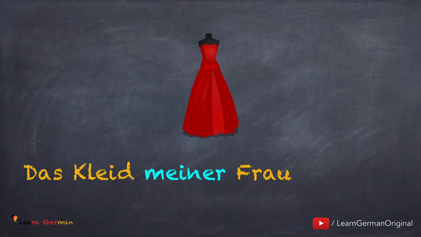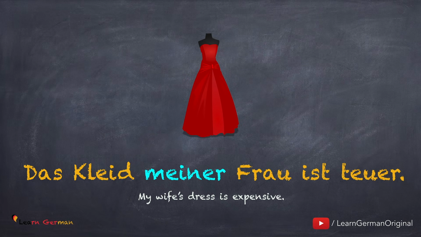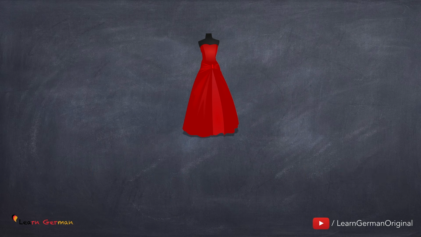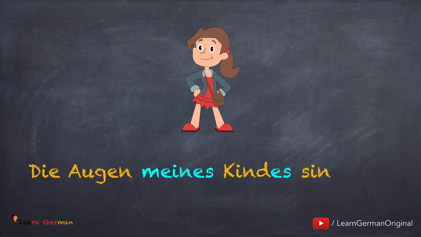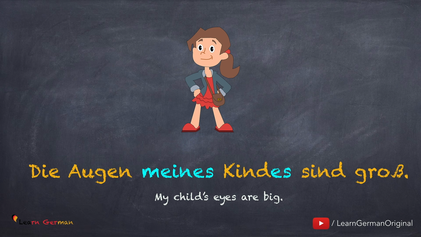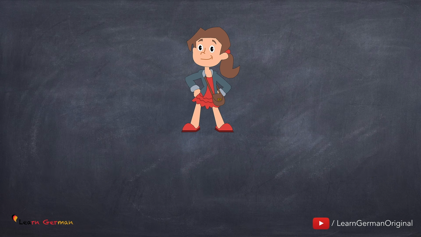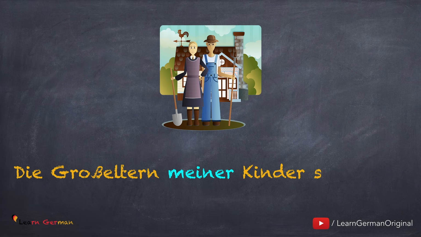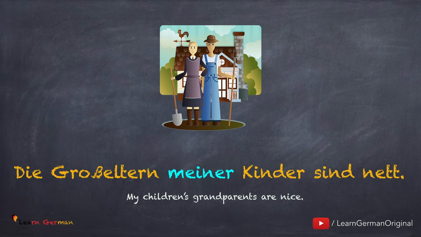Für feminin, das Kleid meiner Frau ist teuer. Das Beispiel für Neutrum: Die Augen meines Kindes sind groß. Und jetzt für Plural: Die Großeltern meiner Kinder sind nett.